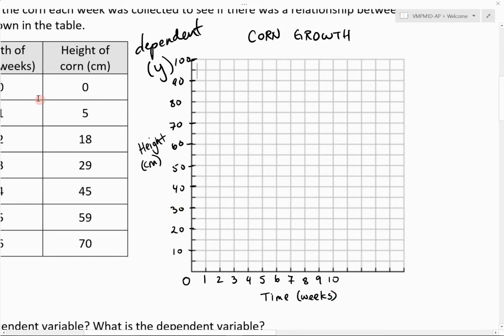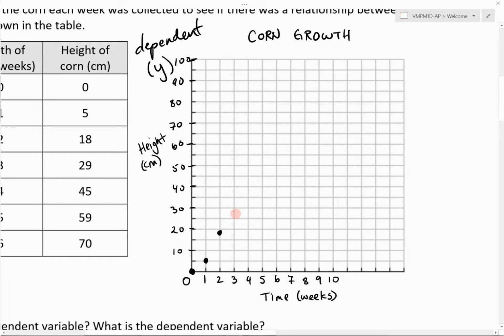Okay. So for 0 weeks, we have 0 height. There's our first point. After the first week, we have a height of 5. So there's my next point, halfway between 0 and 10. The week after that, I have 2 and 18. So at 2, I go up to 18. Now this is the thing. We don't have 18 on the graph. We have to go as close as possible to 20, but not actually touching 20. Then we have 3 and 29.